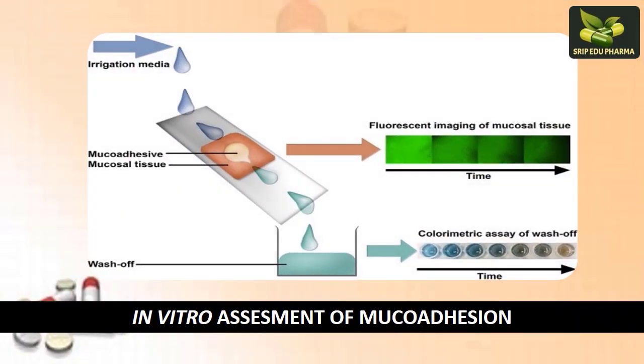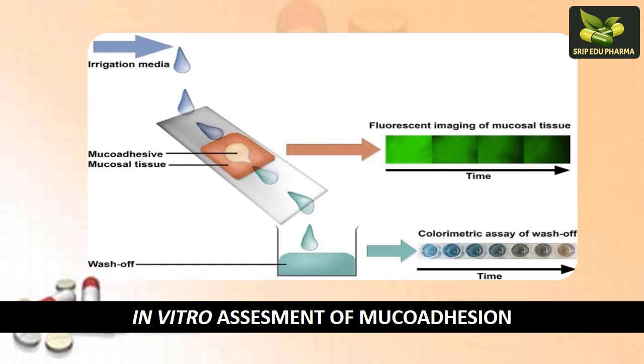Students, see, this is a diagram of the evaluation method that we use to analyze the mucoadhesion force. Here the mucosal tissue is stuck to a slide and then it is washed off with the irrigation media. This mucosal tissue is previously coated with the polymer.